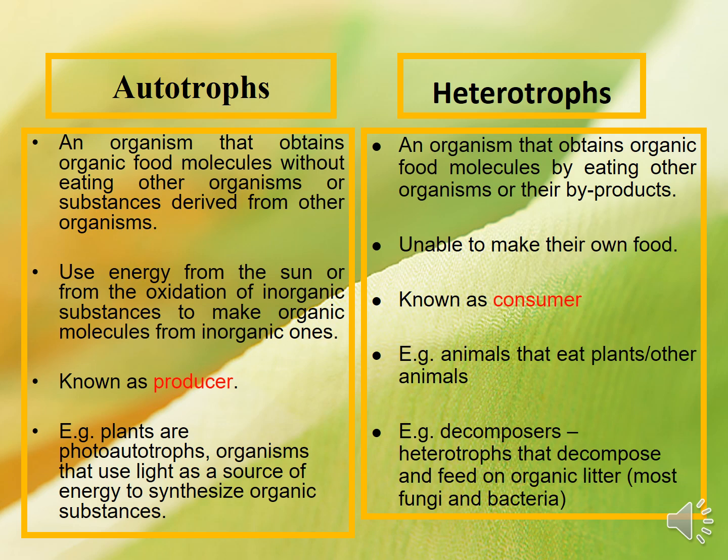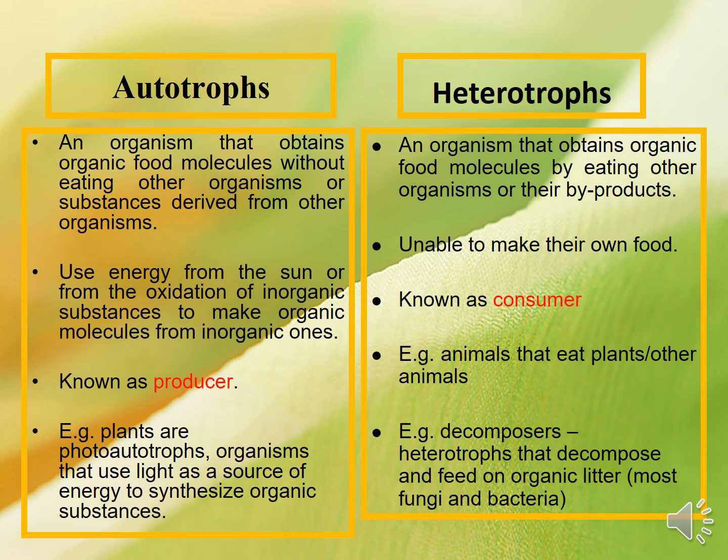So an autotroph is an organism that obtains its organic food molecules without eating other organisms or substances that derive from other organisms. Meaning they use the energy from light or from the oxidation of inorganic substances to make organic molecules from inorganic ones.